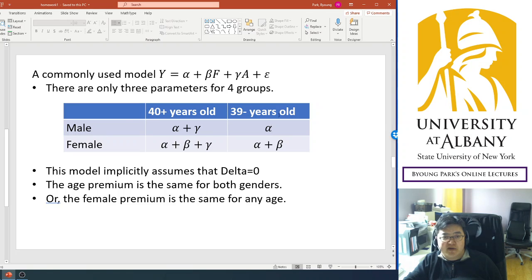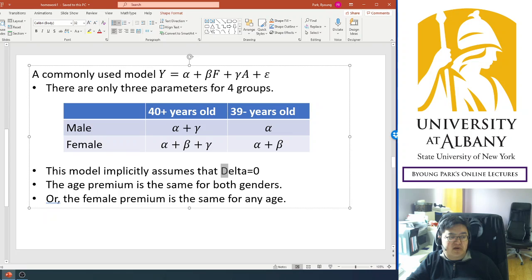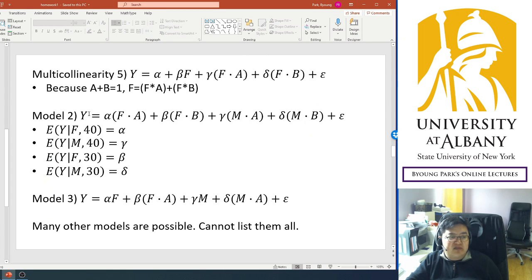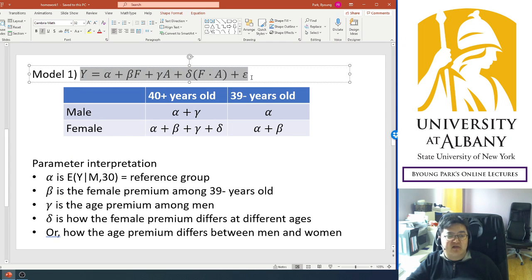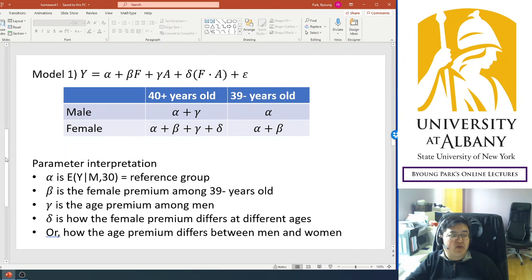Let's interpret what's going on there. In our 2x2 table, it is easy to see what we get from the model. A better way to understand this is to assume delta equals 0. So the restricted model, the widely used model, is a variation of this model with delta equals 0.